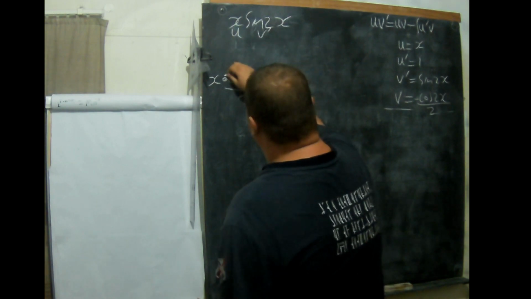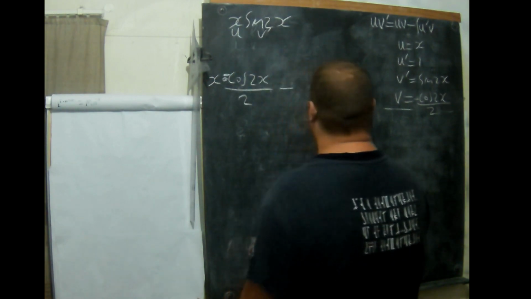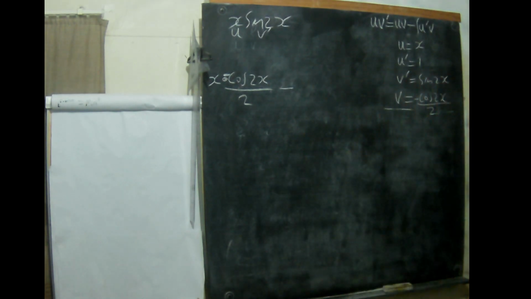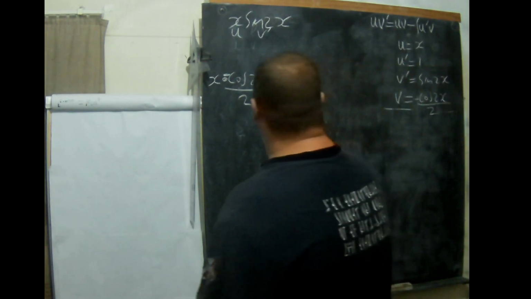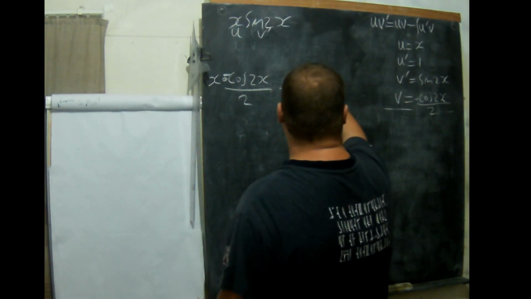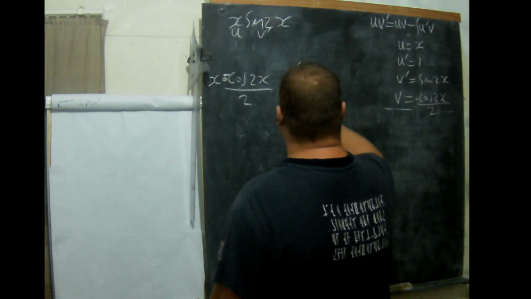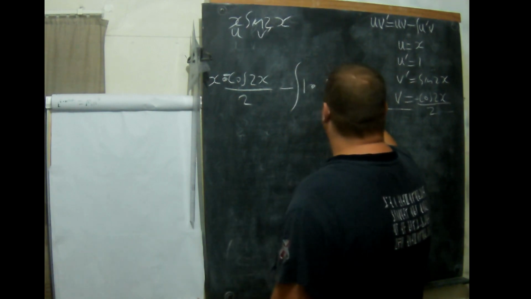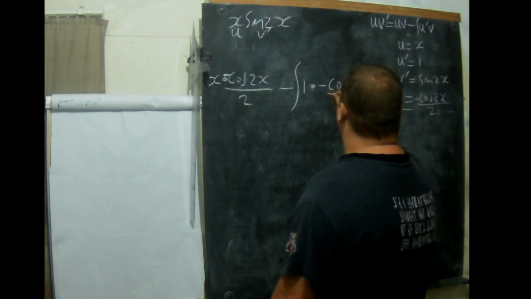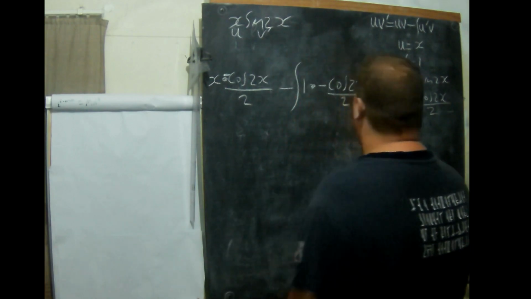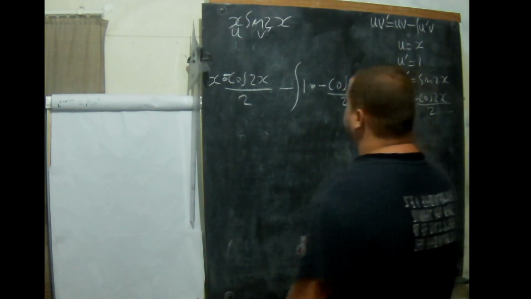So what we have now is x times minus cos 2x over 2 minus the integral of 1 times minus cos 2x over 2. Now multiply this by 1, we get the exact answer.